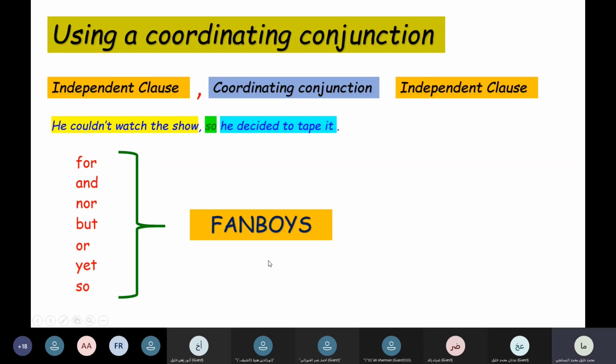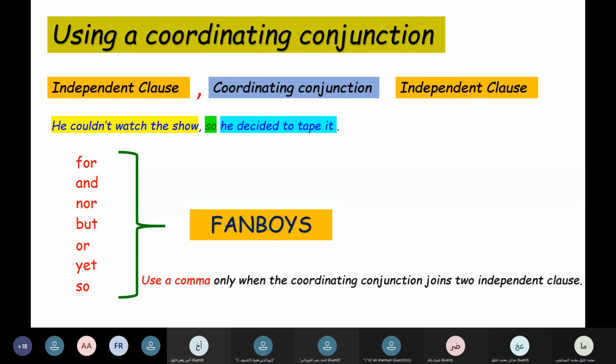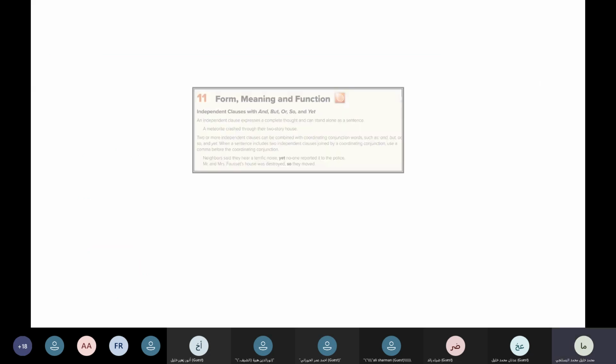F for, A and, N nor, etc. We usually use a comma only when the coordinating conjunction joins two independent clauses. Look here, we have two independent clauses. We use a comma before the coordinating conjunction. So this is about the first point.